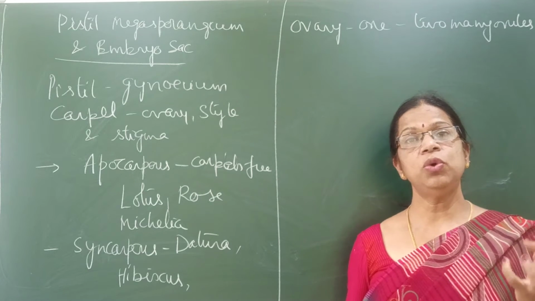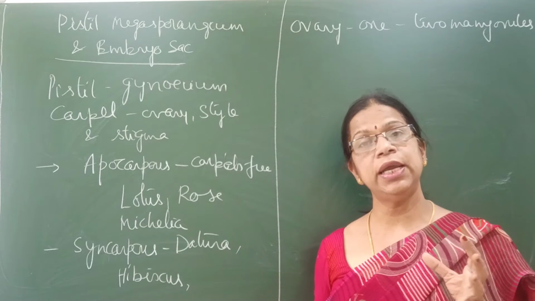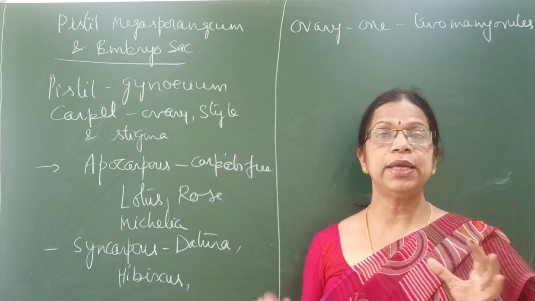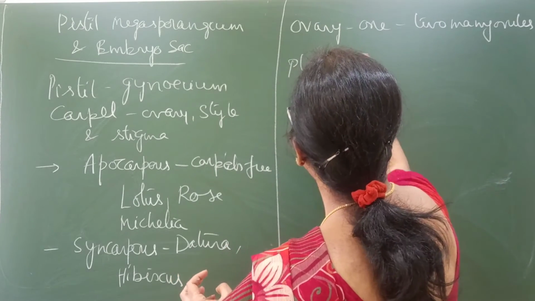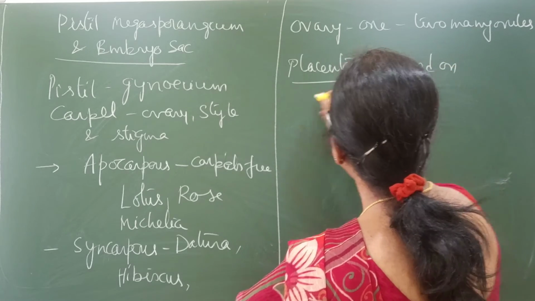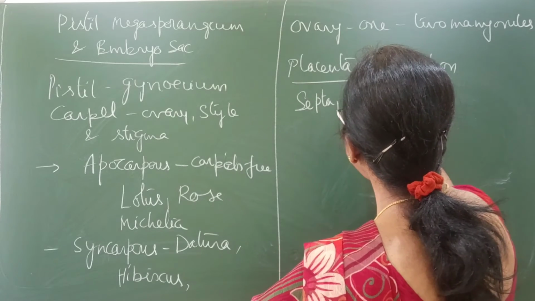You know about what placentation is. The distribution of placenta inside the ovary is called placentation. This placenta is formed on the septa of the ovary or the ventral suture.